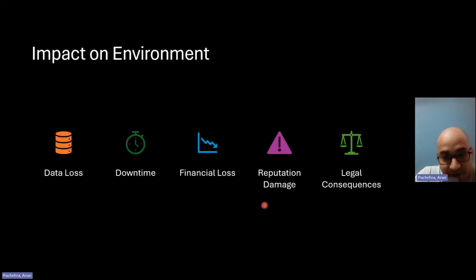All right, and finally, a breach which involves sensitive data can lead to legal consequences as well. All right, so these are the serious impacts on the environment because of ransomware. That's the reason, or it also motivates us, to prepare well, first preventing ransomware, because nobody can say 100% secure even if you have all kinds of security tools.